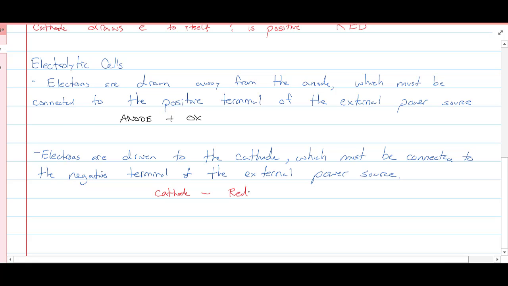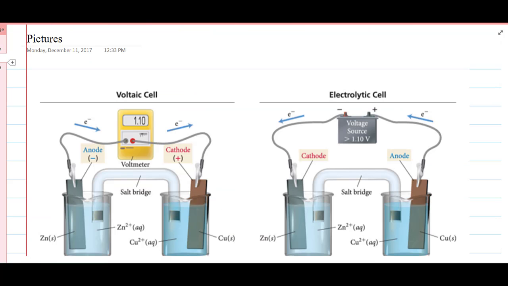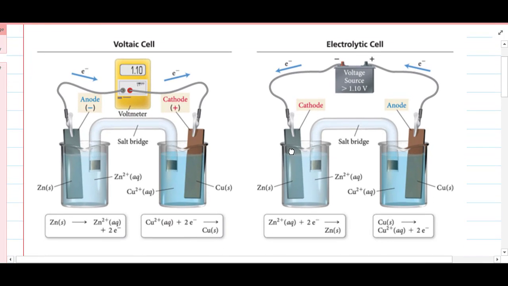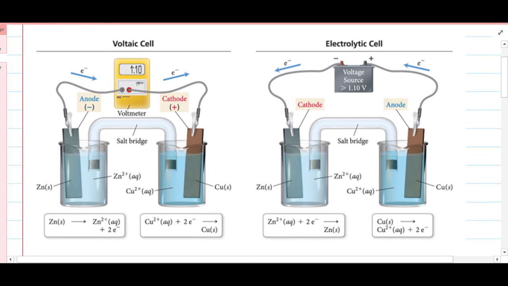Let's look at a picture here. So we have a voltaic cell and we have an electrolytic cell. On the left, the voltaic cell where we had zinc metal, with the electrons starting on zinc, going to copper metal, and it just spontaneously happens.